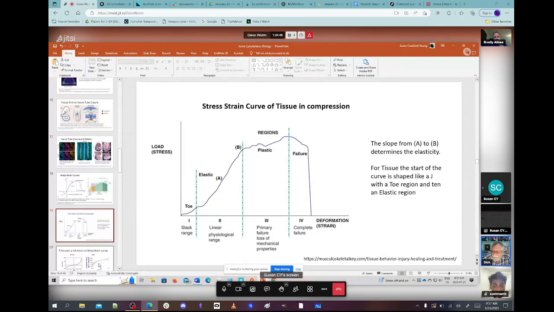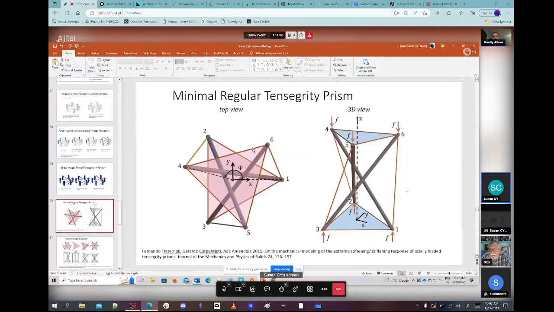And anyway, then I ran into this paper somebody had done with just the 3-strut. So it's kind of nice. It shows the movement here. It only goes until the strings touch or the rods touch.